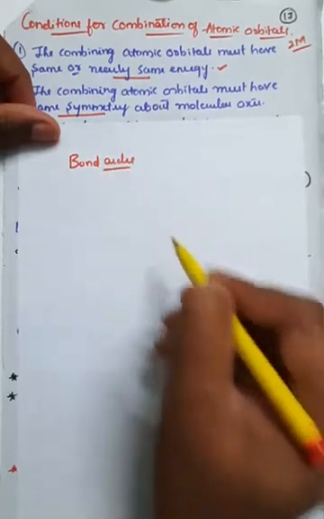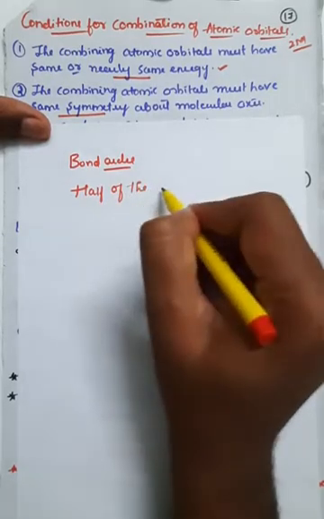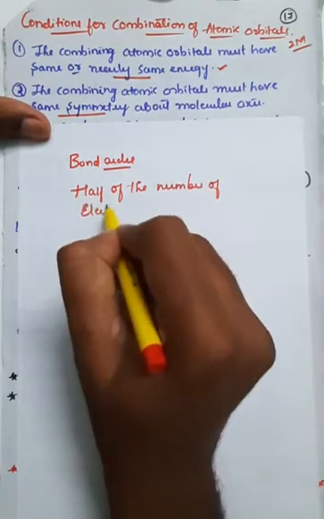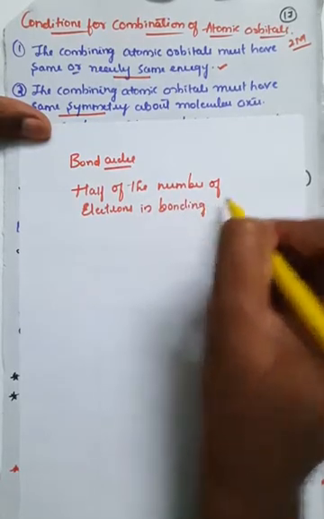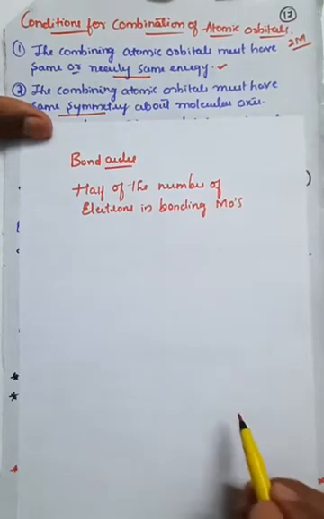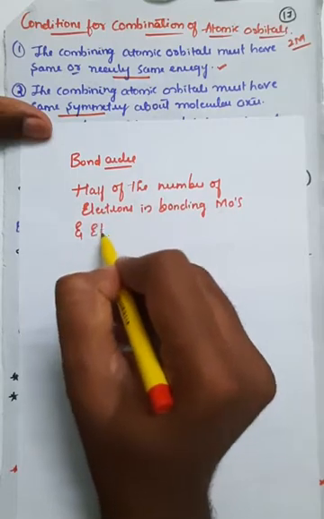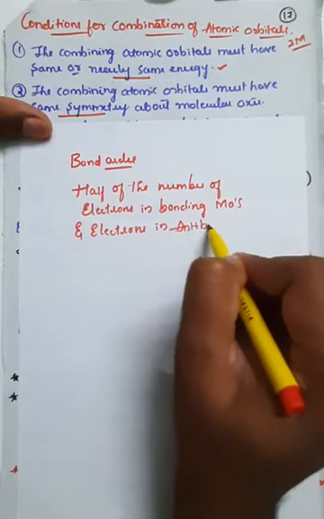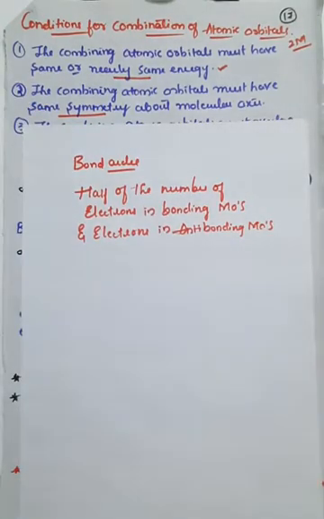Bond order is nothing but half of the number of electrons in bonding molecular orbitals, generally called BMOs, subtracted by the number of electrons in anti-bonding molecular orbitals.